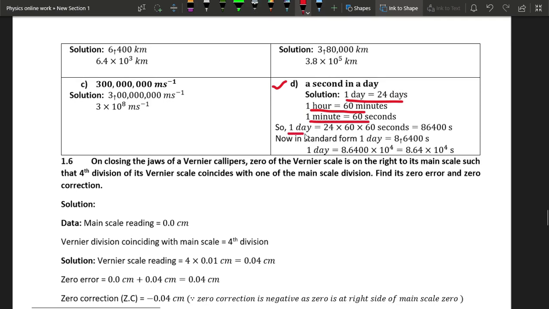So each day has 24 into 60 into 60, which gives you 86,400 seconds, and now we can convert this 86,400 seconds into scientific notation or standard form by moving its point after 8, and it will become 8.64. How many places do we move? 1, 2, 3 and 4. So 10 raised to power 4. So the standard form of seconds in a day is 8.64 into 10 raised to power 4.